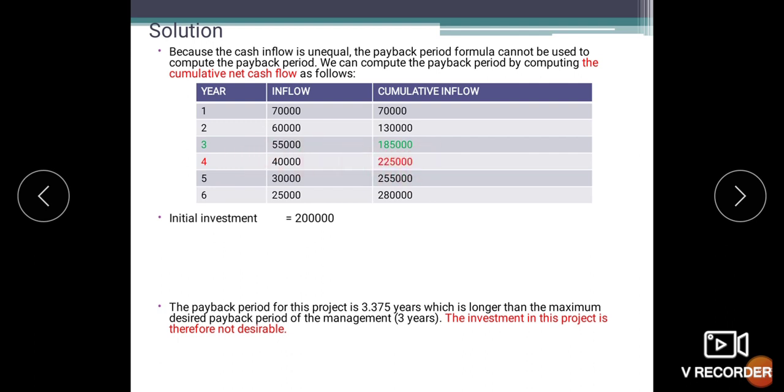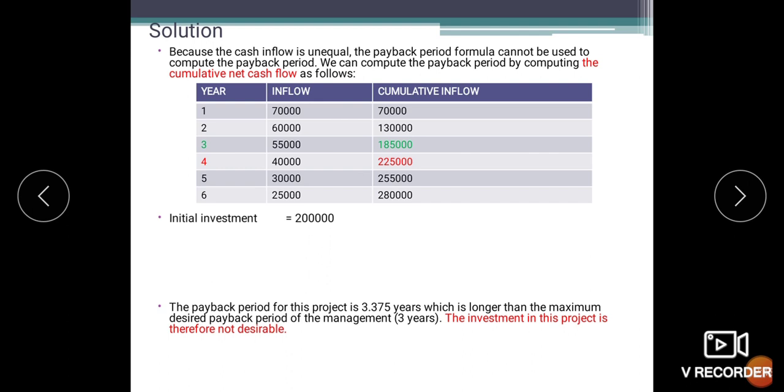In the third year it is 1,85,000. In the fourth year it is 2,25,000. So 4 full years are not needed to recover 2 lakh rupees. So we can say that this is the year of final recovery, the fourth year.